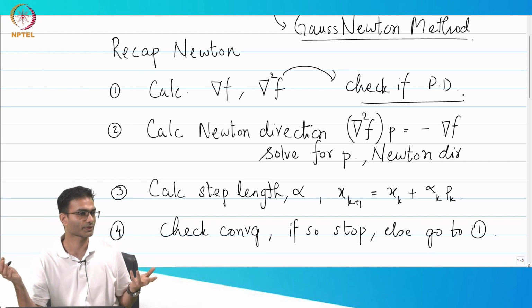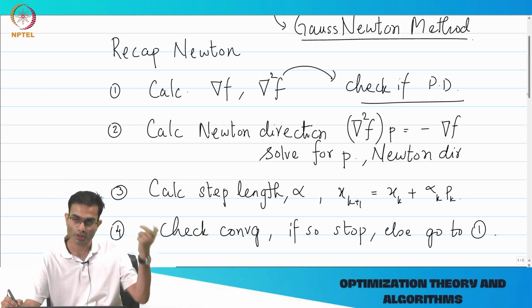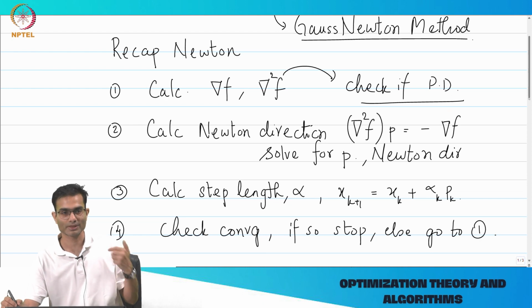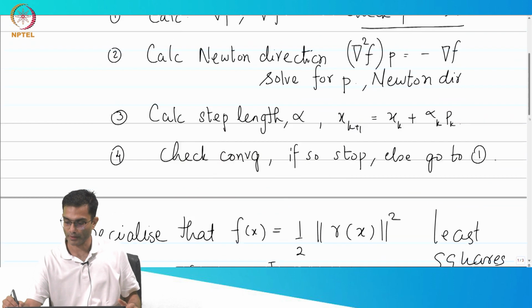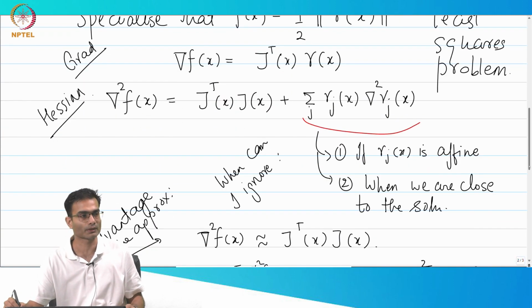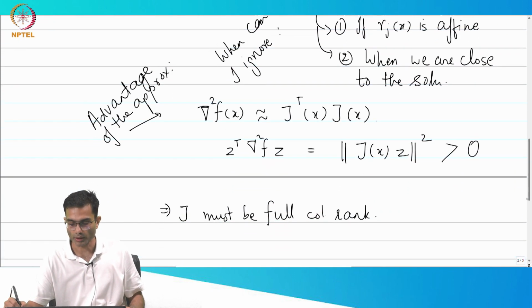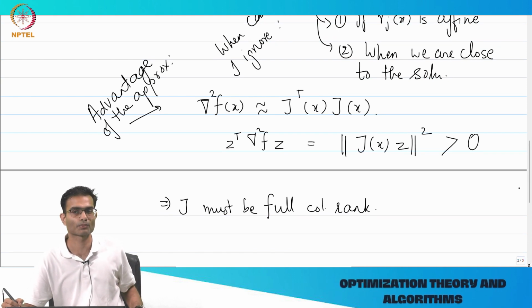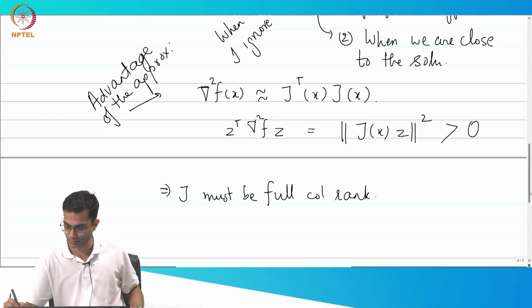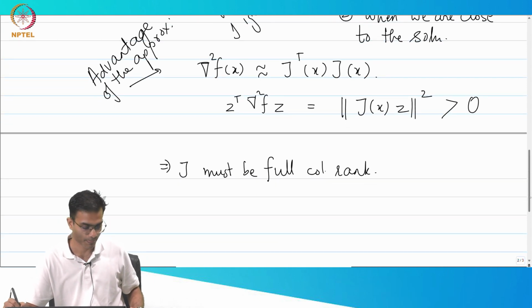That's an expensive operation. On the other hand, because I am specializing my problem as a least squares problem, if I am in a position to ignore the second term of the Hessian, then all I have to do is check full column rank, which is not as expensive an operation as calculating eigenvalues. So this is a substantial advantage that we get.